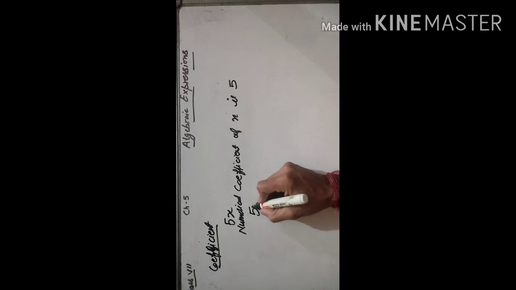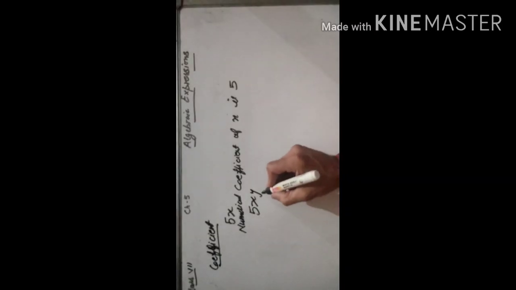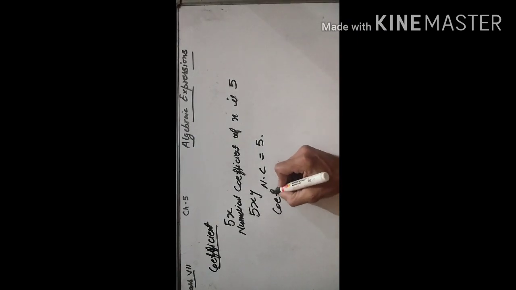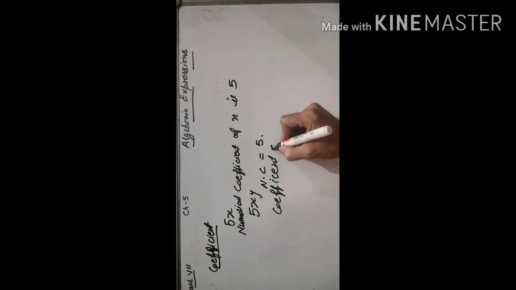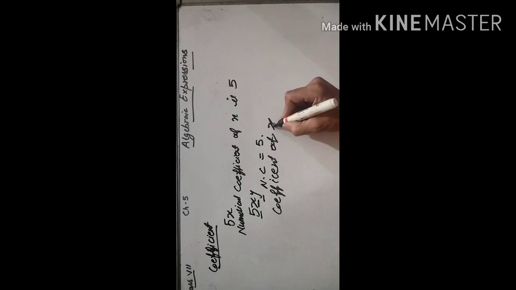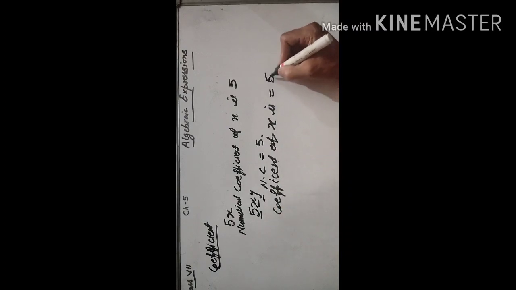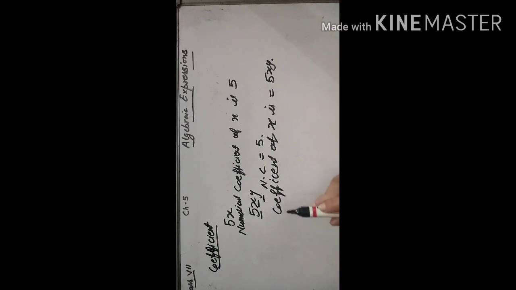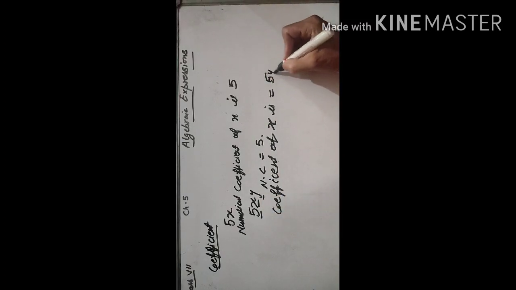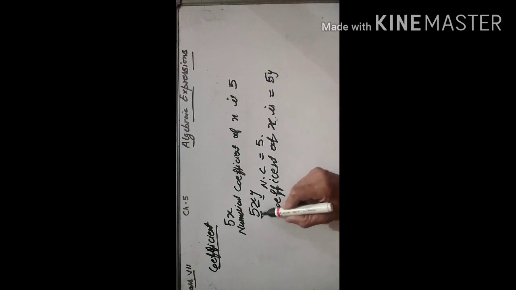Now if I write 5xy, the numerical coefficient is 5, but if I write the coefficient of x only, here x is multiplied with 5 and y, so the coefficient of x is 5y. The numerical coefficient of this expression is 5. If I write the coefficient of x only, then it is 5y, and the coefficient of y is 5x.